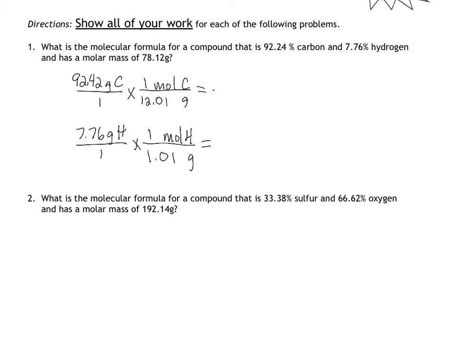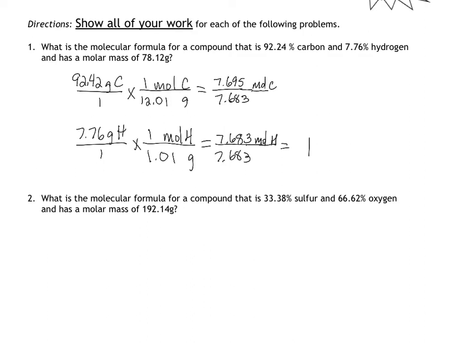So remember, we're going to write our answer up a little bit higher because we're still going to be dividing it. So I'm going to pause this. After doing my calculations, I get 7.695 moles of carbon and 7.683 moles of hydrogen. So now I'm going to look for my smallest one, which is the 7.683, and divide it. This, of course, is going to equal 1.